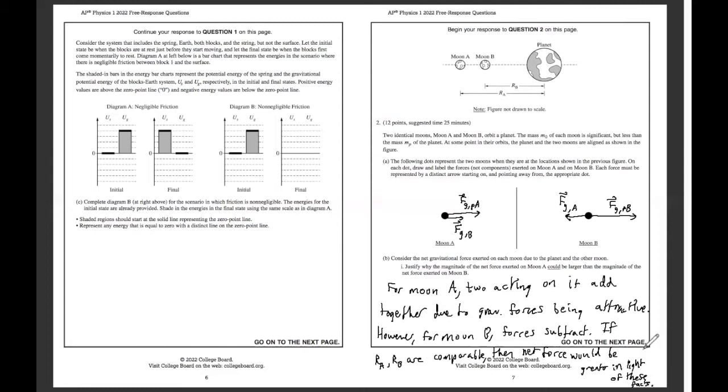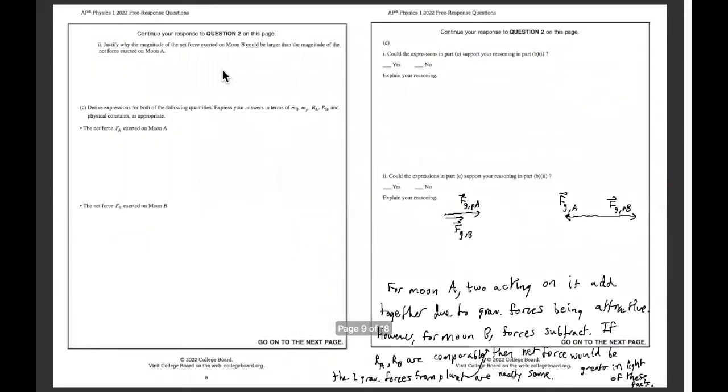Okay, so I'm missing an N right there. And so essentially what this is saying is that if RA and RB are comparable, then the forces from the planets are comparable. So, maybe I should write that down as well, but I kind of ran out of space here. So if RA, RB are comparable, the 2 gravitational forces from the planet are comparable, are nearly the same. And so therefore, the net force would be greater in light of those facts. And so that would be a good description as to why moon A could have the larger net force.